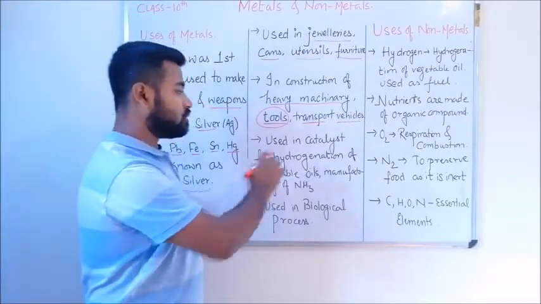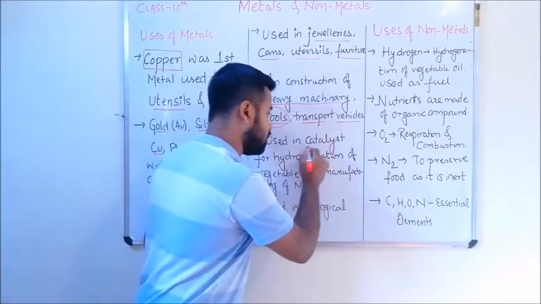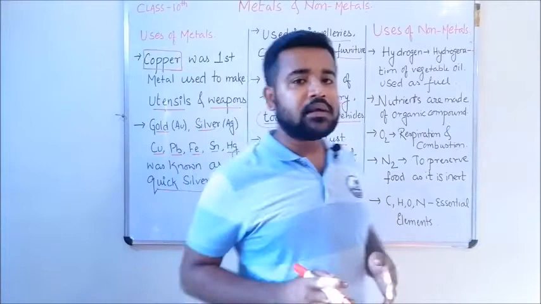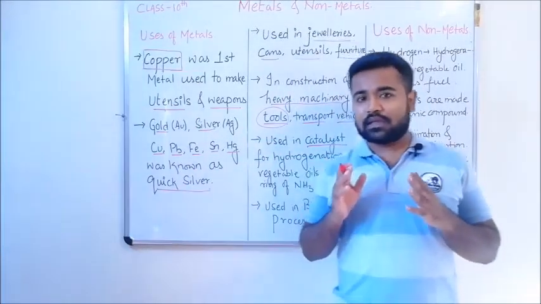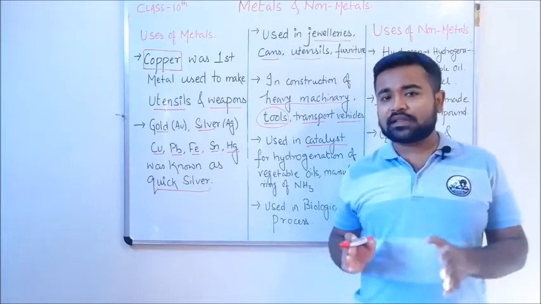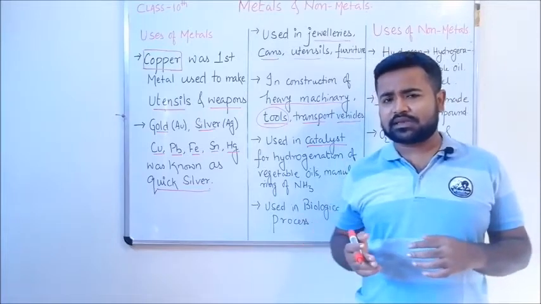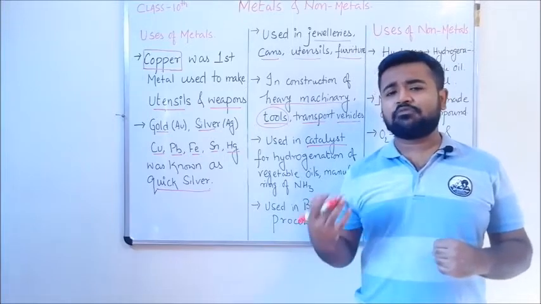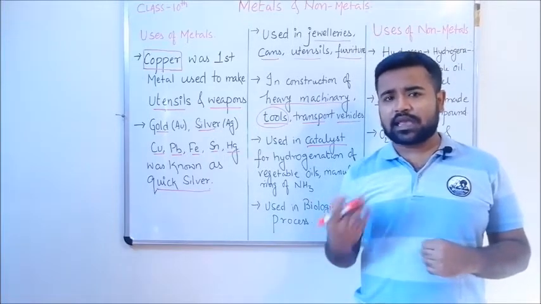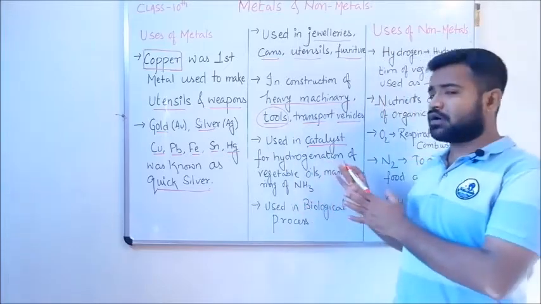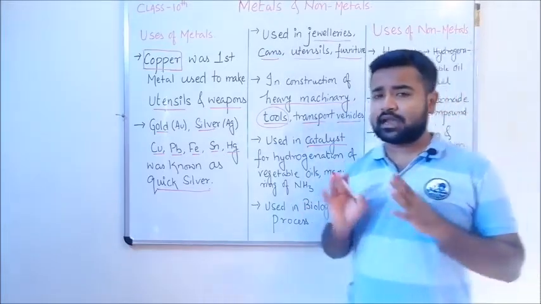Used in catalyst. Here a word comes: catalyst. So what do you mean by catalyst? Remember, a catalyst is generally a metal or any other substance. It may be a non-metal, some acid, or some base, anything, but here mainly we will talk about the metallic catalyst.